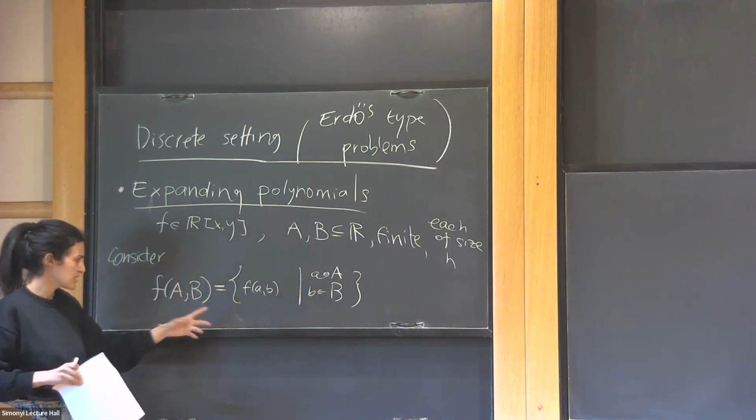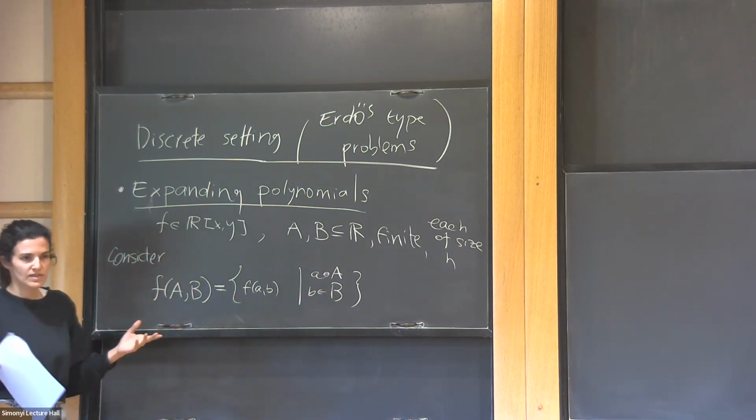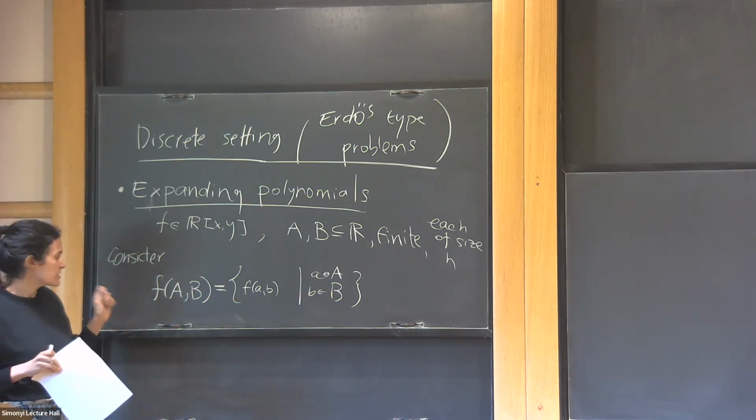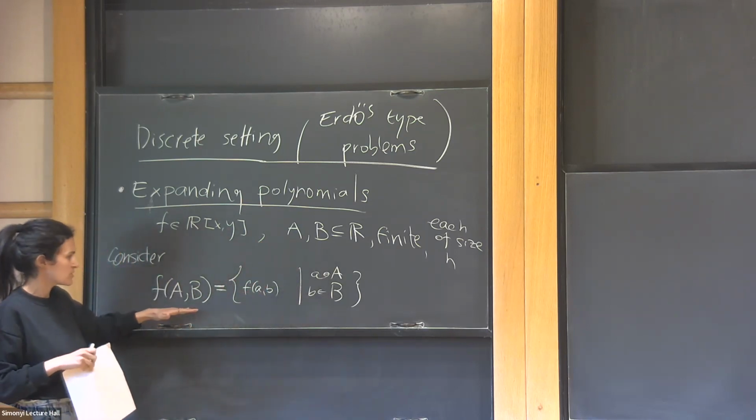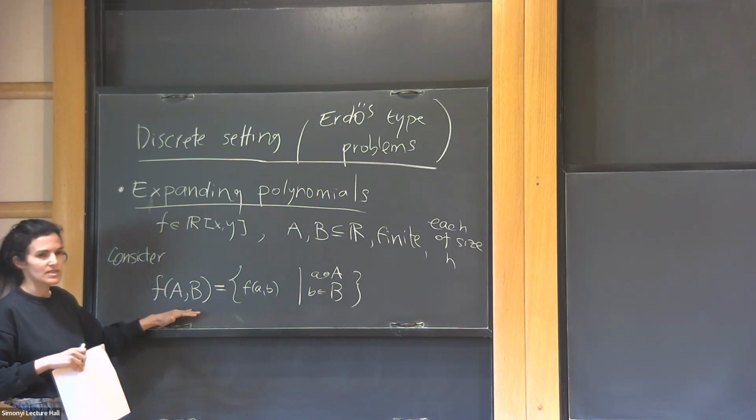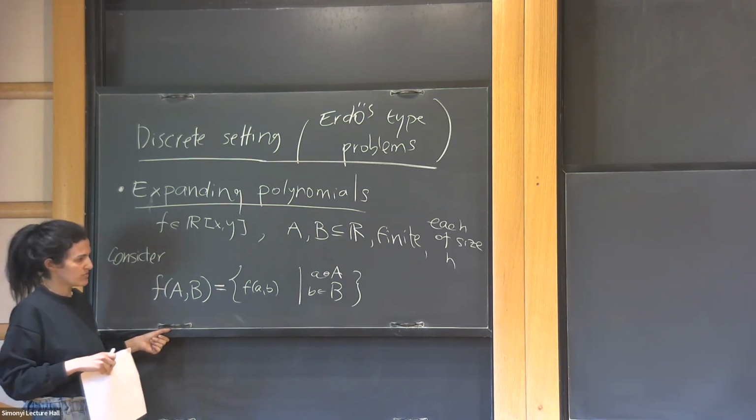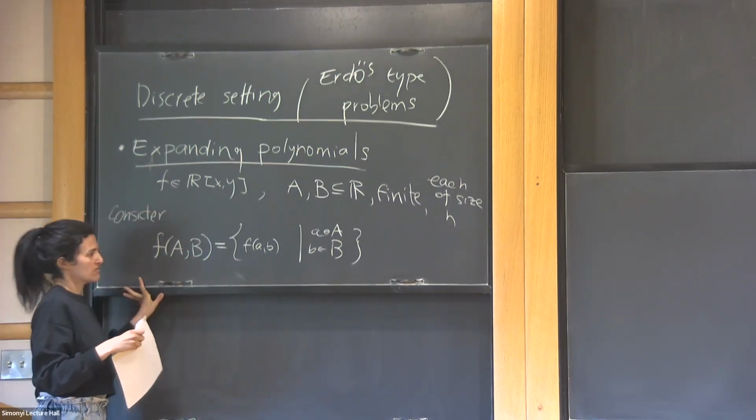So in general, we expect this set to have size n squared. But what if we choose A and B very carefully? Maybe we can have many repetitions, so that this set will be small. So this was the question of Elekes.